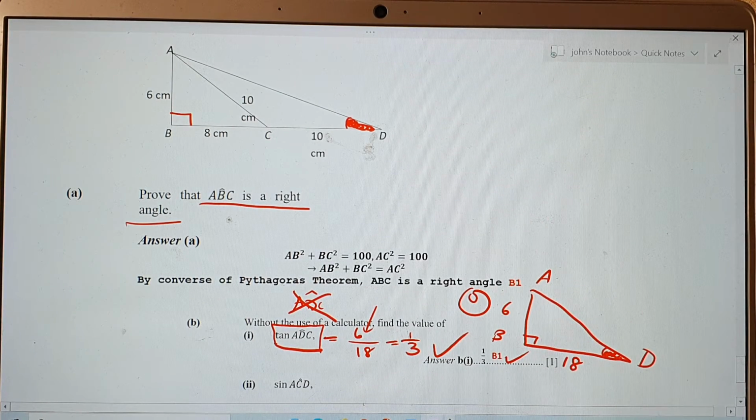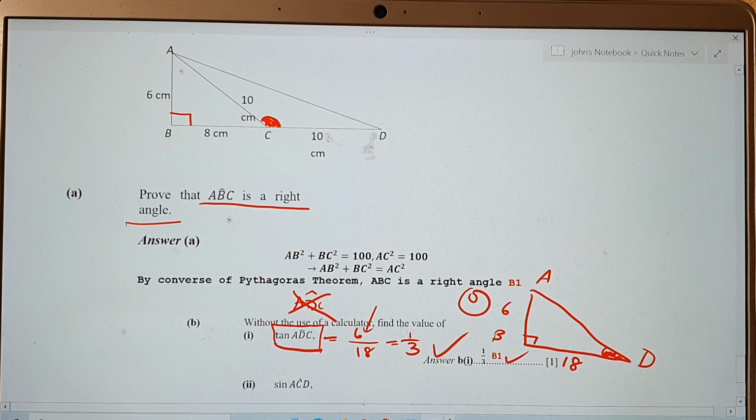Where is sine ACD? Okay, I get rid of this. ACD, oh dear. ACD belongs to this fella, which is this non-right angle triangle, right? It's not a right angle triangle. Then you say, oh, non-right angle triangle, I use sine rule. Cannot. Why cannot? Because no friend.